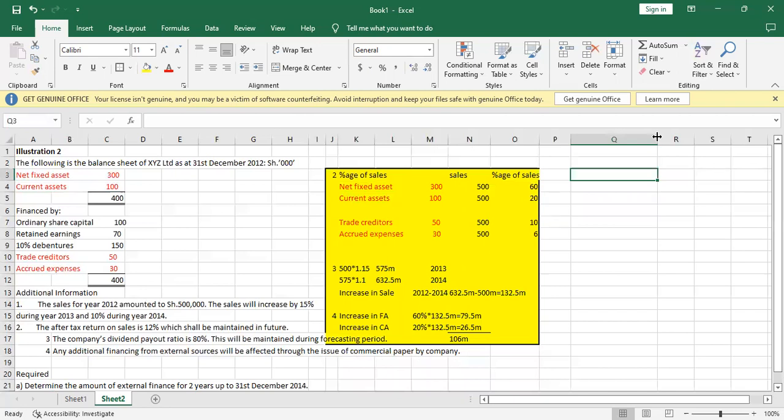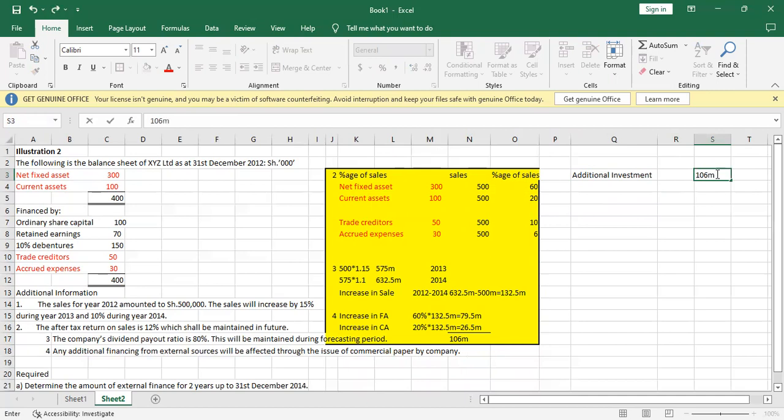And we'll normally do this. We know that the additional capital that is required is 106. So actually we are trying to see how this 106 will be presented in the projected balance sheet as at the end of the forecasting period. So we'll start with the additional investment required, and the additional investment required, we all know, is 106.